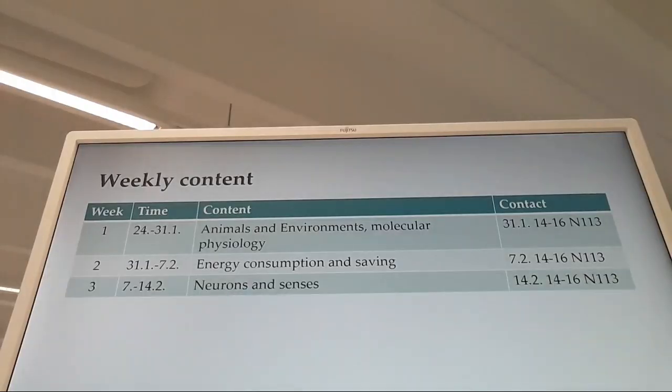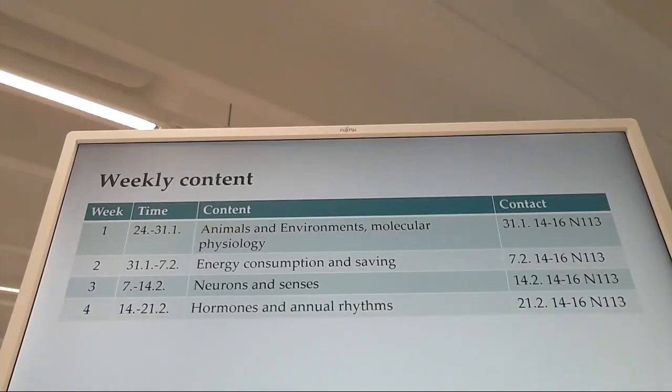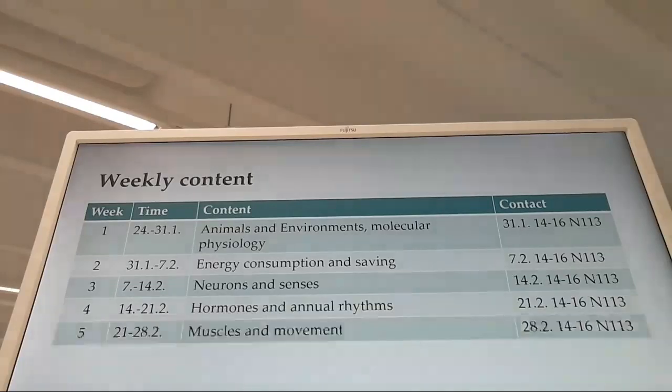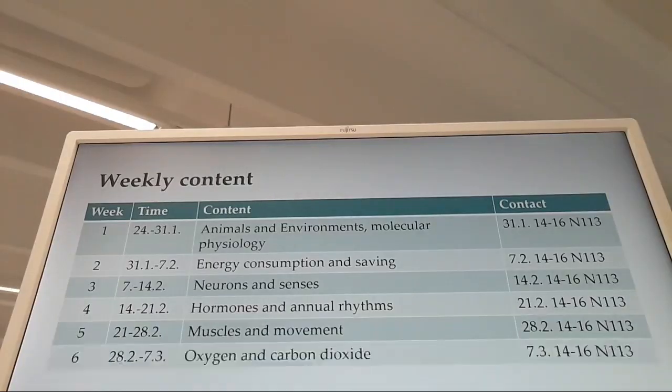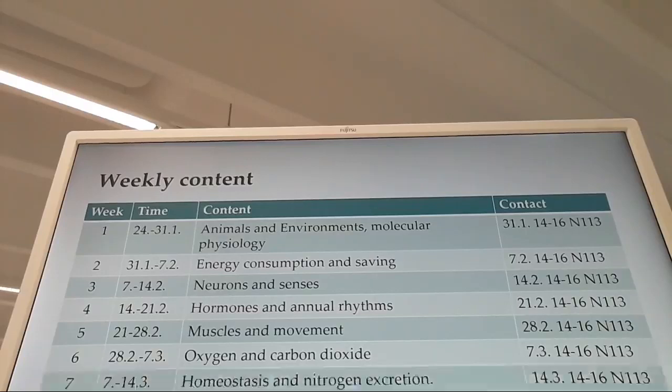Then we will have one week for neurons, one week for hormones, one week for muscles, and one week for respiration and circulation. And finally, we get to nitrogen excretion, meaning something to do with kidneys.